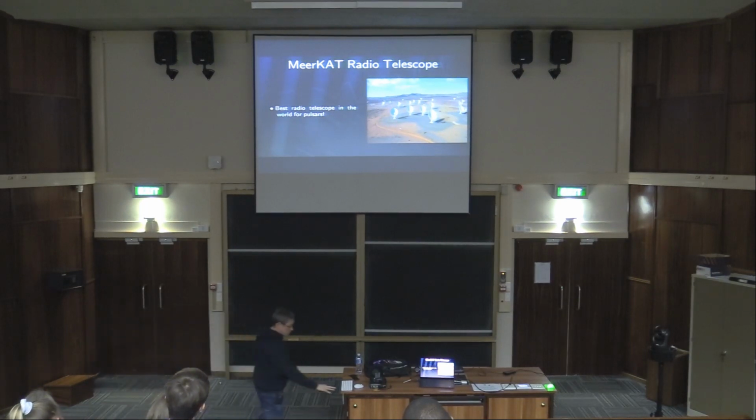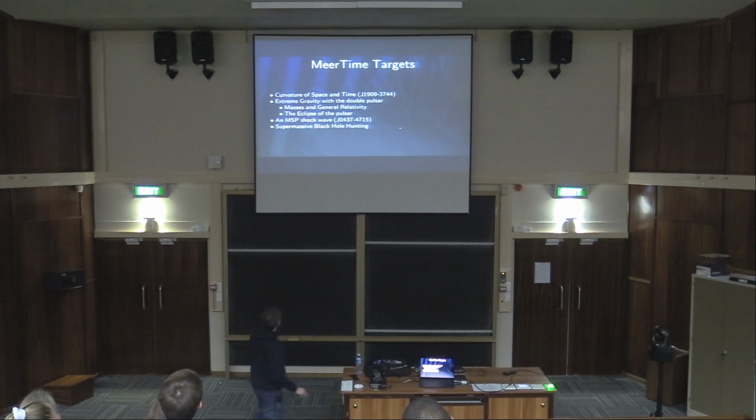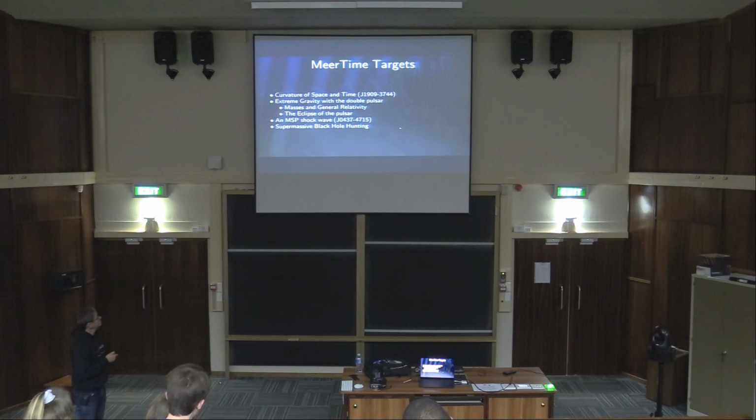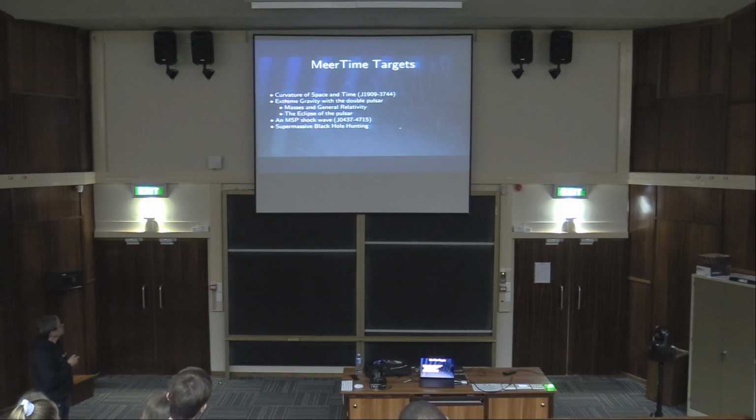And so when we got interested in this telescope, we had to write a proposal about all the things we would like to do if we could get time on it. And so we built this international collaboration, and we were going to explore the curvature of space and time.